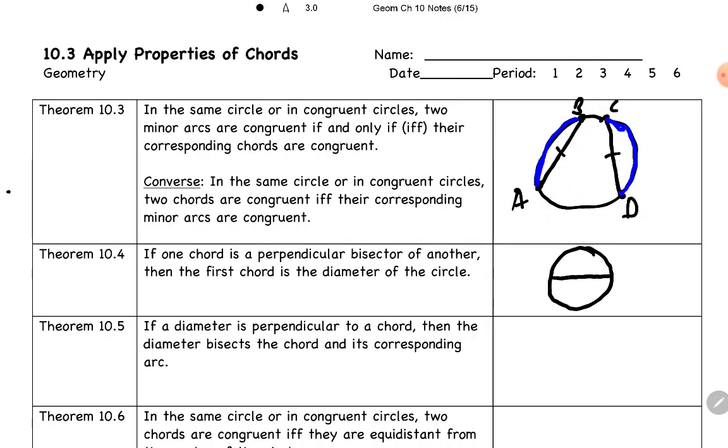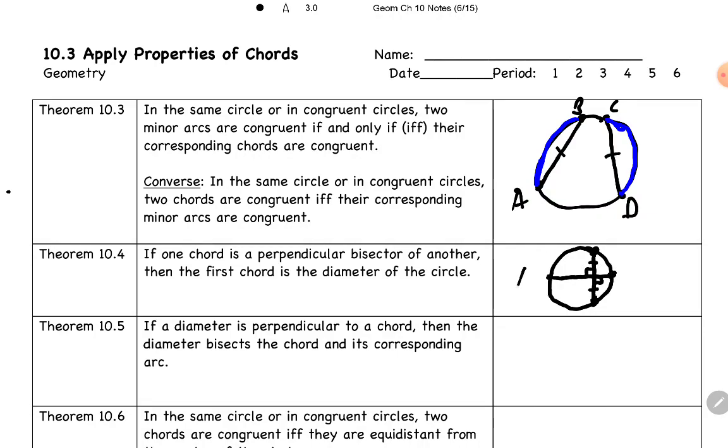So what they're saying is, if one chord is the perpendicular bisector, so perpendicular means they form all four right angles, and bisector means split into two pieces, that means the first chord is the diameter of the circle.